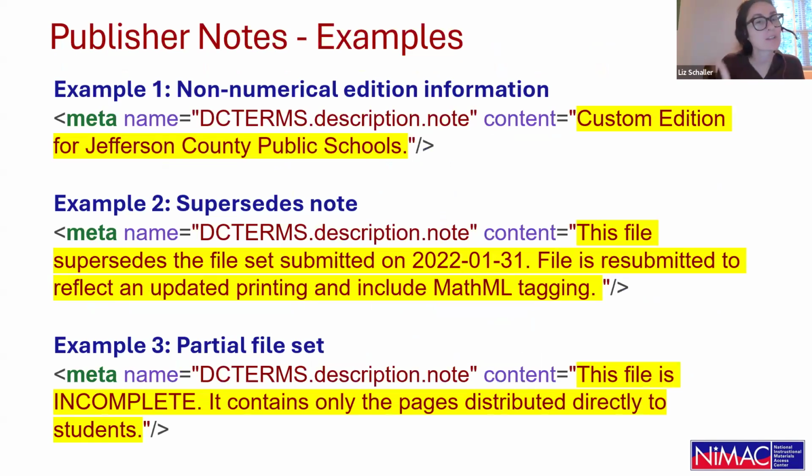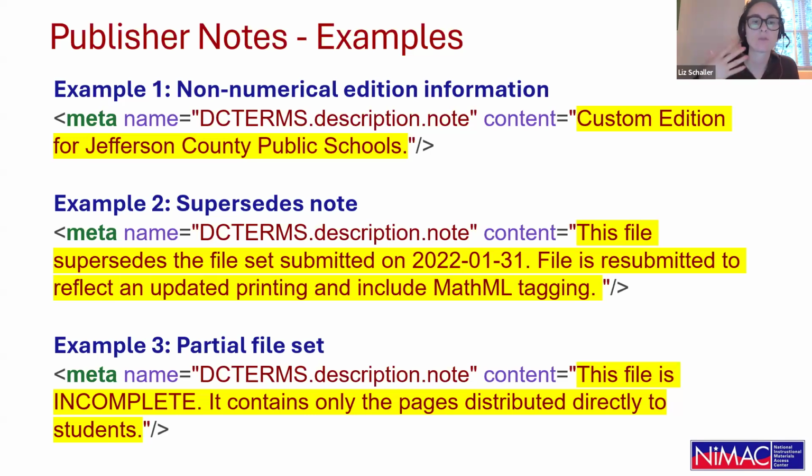So here are a few examples. Example one, our first instance where a publisher note would be required, is that non-numerical edition information. Here we have a custom edition statement. That's a typical example of non-numerical edition information that should be included. Example two is that supersedes note.